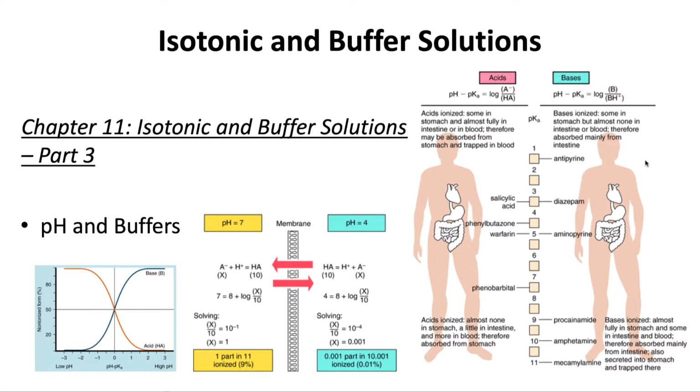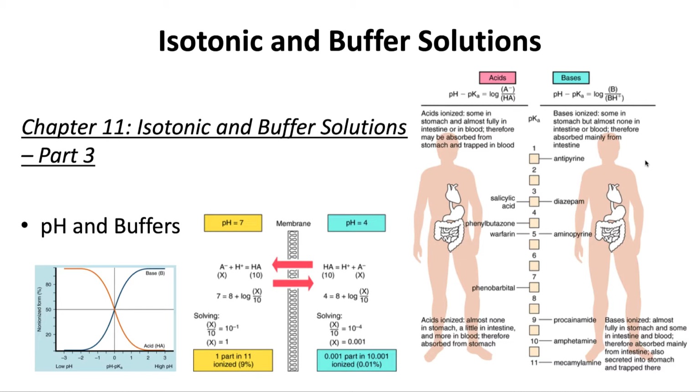The reason this, lastly, is a little more complicated, if you look on the far right, is that whether it becomes ionized or unionized differs depending on whether the drug is a weak acid or a weak base. So to summarize, and you can look on the figure on the far left as well, the figure on the far right gives you some examples of drugs and their pKa's, but essentially the summary is this.